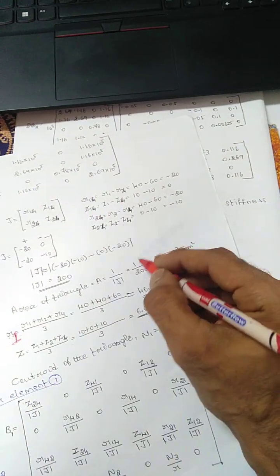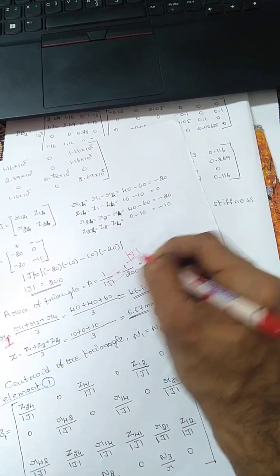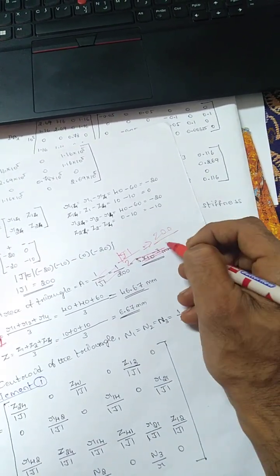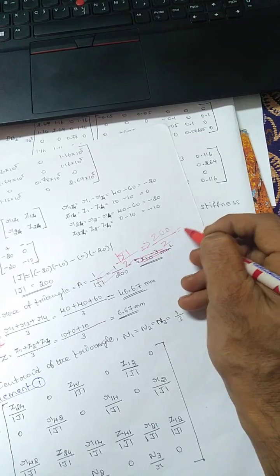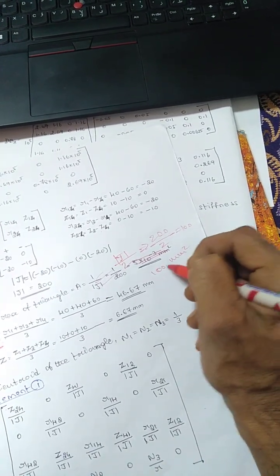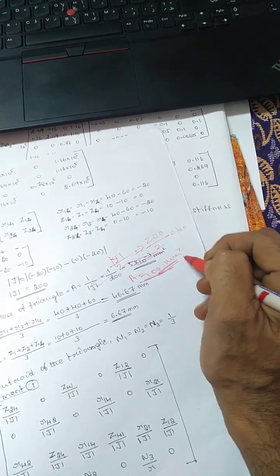One second, this is not 1 by 2, this is actually J by 2. That is 200 by 2, this is 100, so the area is 100 millimeter square. I did not check it actually, so this is the correct one.